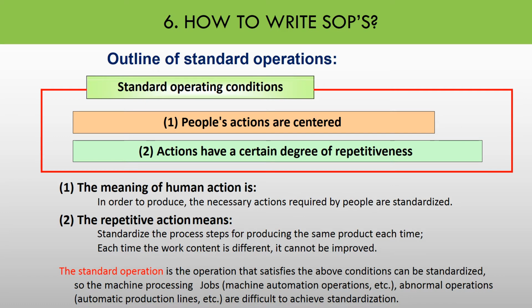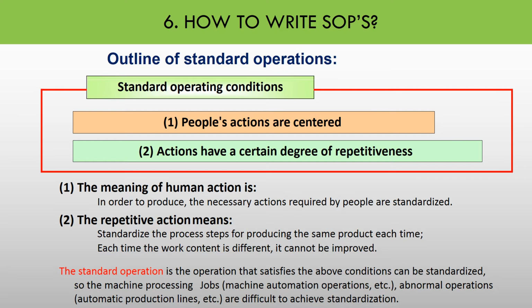Repetitive actions mean standardized process steps for producing the same product each time. If we are dealing with any process, the method should be precise. We are not concerned about accuracy first; we need to check the precision also.